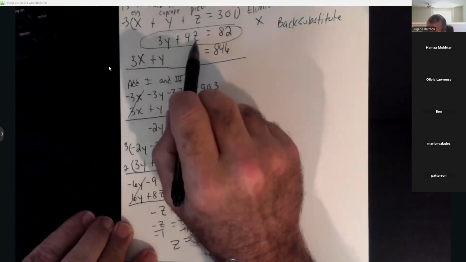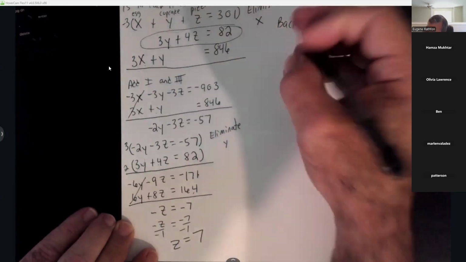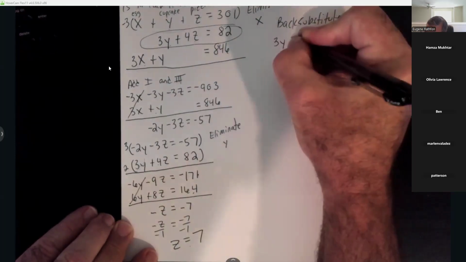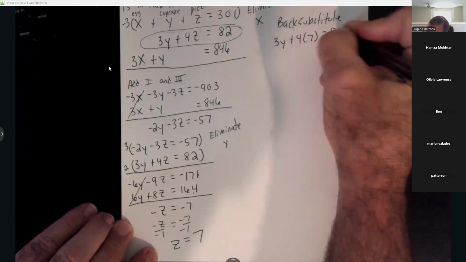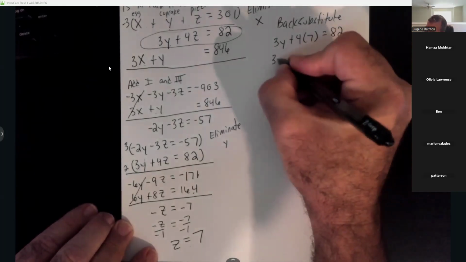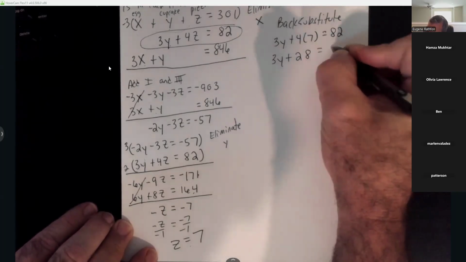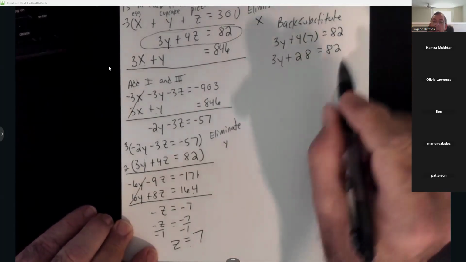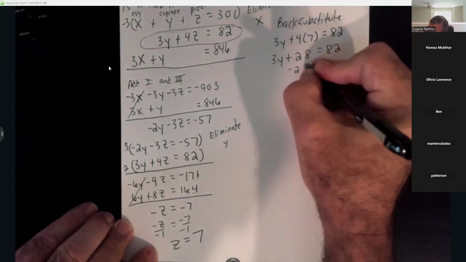So since Z is 7, I'm going to plug it into my second equation and get to Y. So 3Y plus 4 times 7 has to equal 82. So that's 3Y. 4 times 7 is 28. Oh, what are we going to do? Subtract 28 from both sides.